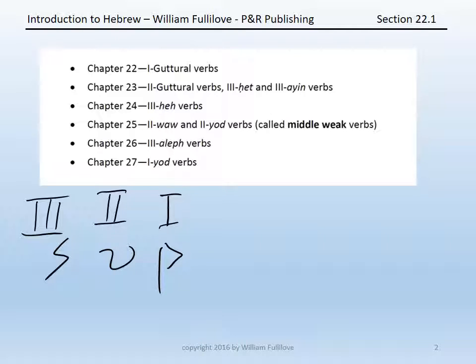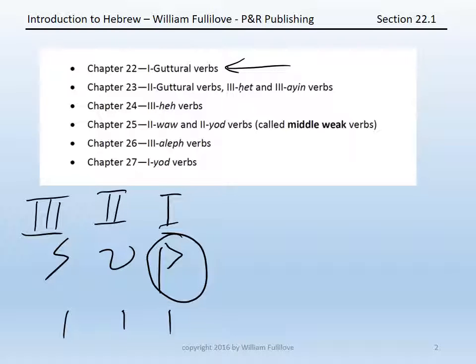Depending on whether the weakness is present in the first, second, or third position will determine how the weakness is termed. In this chapter, we will look at what are called first guttural verbs. In other words, cases where the kof of our typical paradigm form is a guttural letter.